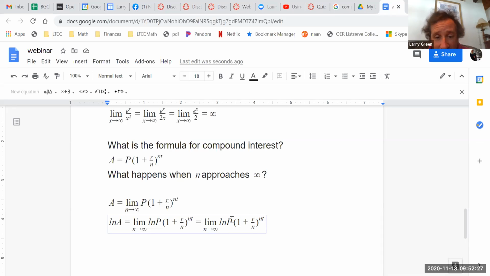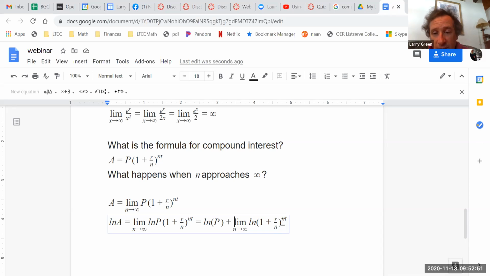Natural log of p doesn't have an n, so I can pull that out and write this as ln of p plus the limit as n goes to infinity of ln of (1 plus r over n) to the nt. Are y'all okay with that so far?